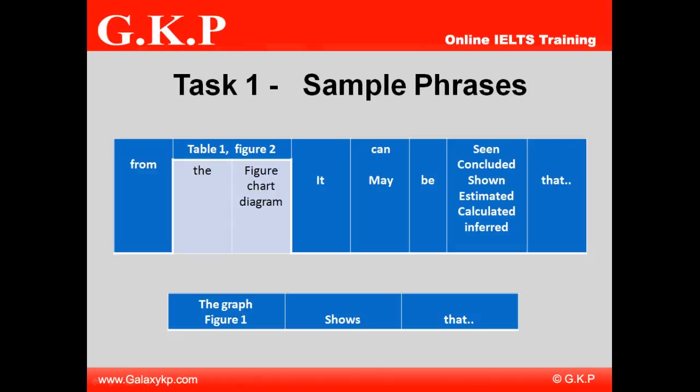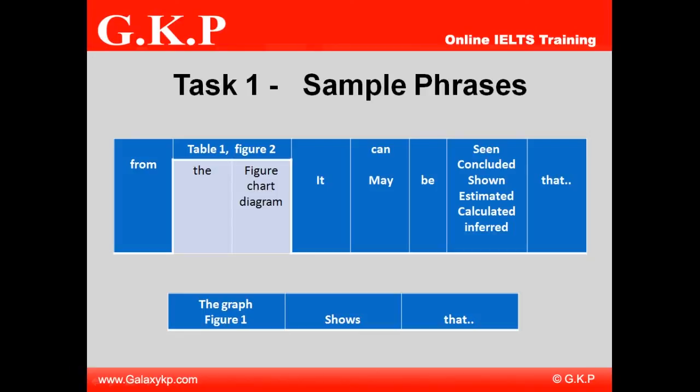All right, task one, some sample phrases. We can say from the figure, or from the chart, or from the diagram, or from table 1, or from figure 2, it may be seen that Samsung, for example, has the greatest sales. Or it may be estimated or calculated that, okay?